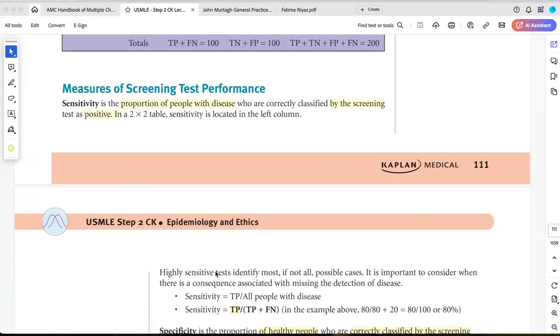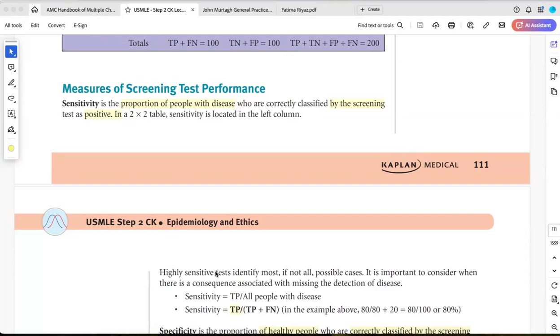Sensitivity of a test is the proportion of people with disease who are correctly classified by the test as positive. Again, let's say a good screening test will be able to find out anyone who can have a disease. Okay? So a good sensitive test means that it can identify almost every diseased patient.